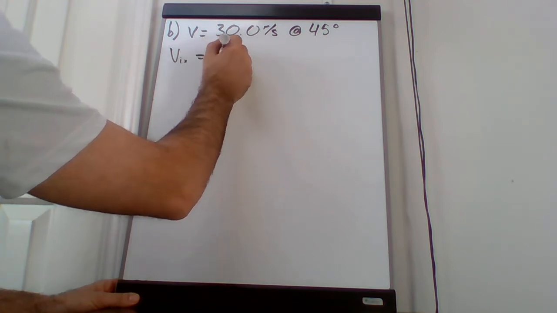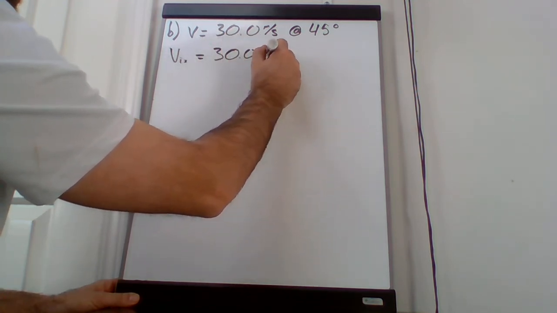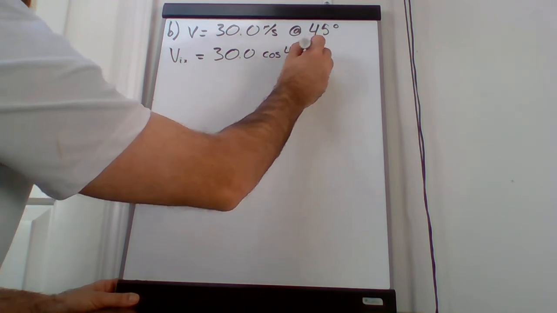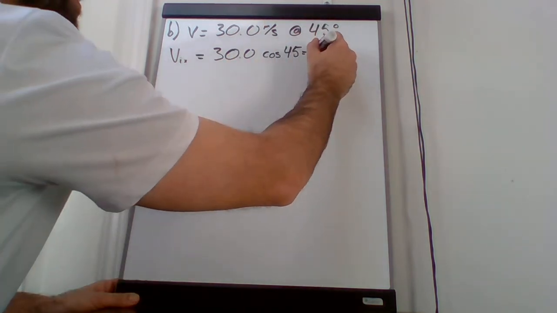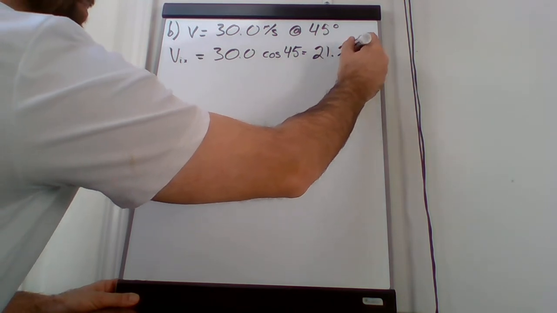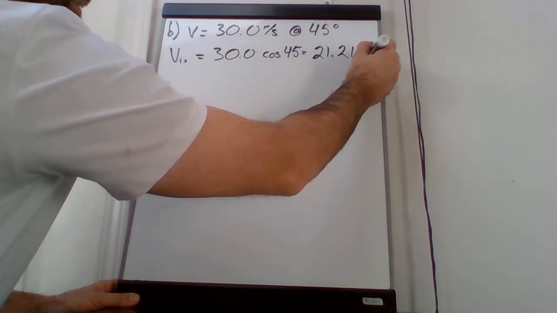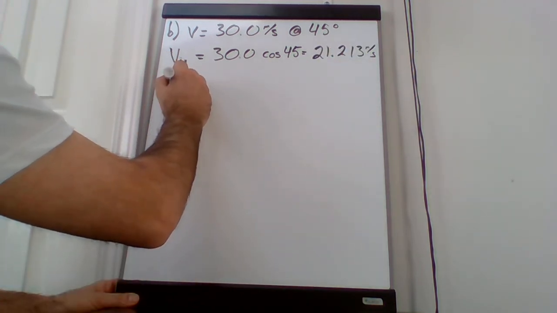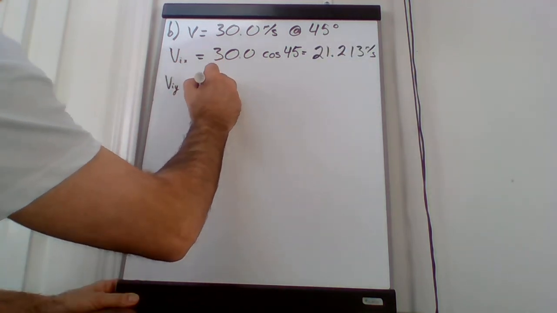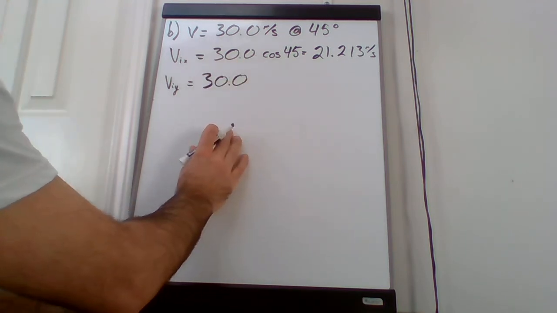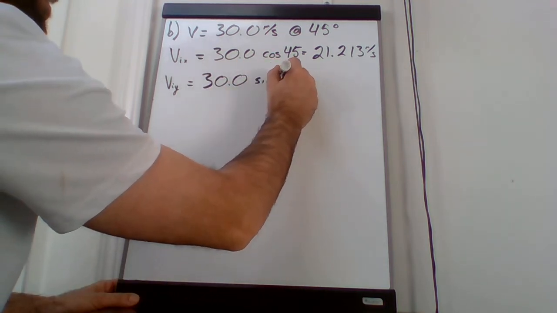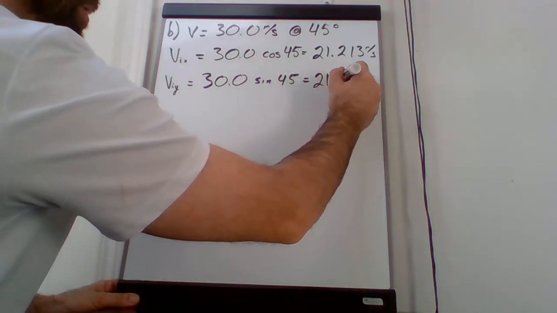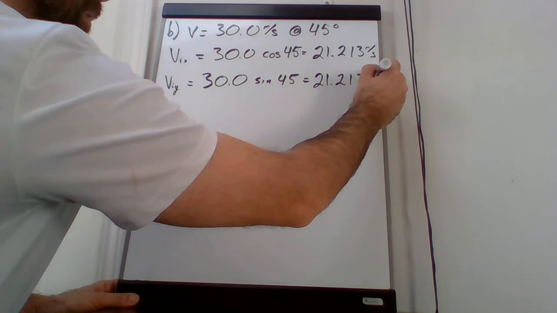Our Vix is going to be that 30.0 times the cosine of 45, and I get 21.213 meters per second. If I look at my Viy, 30.0 times the sine of 45, I also get 21.213.